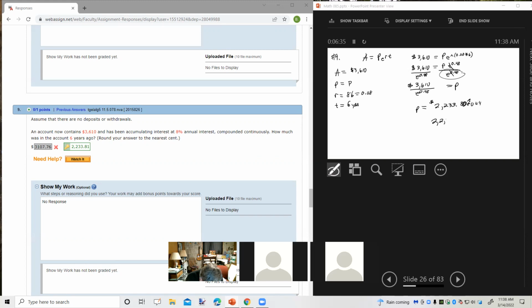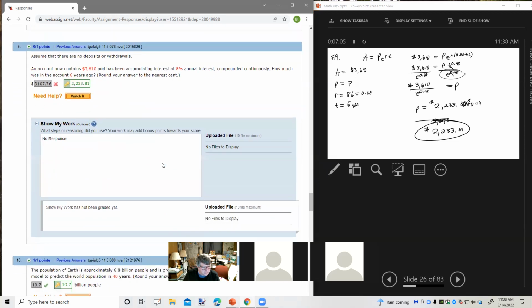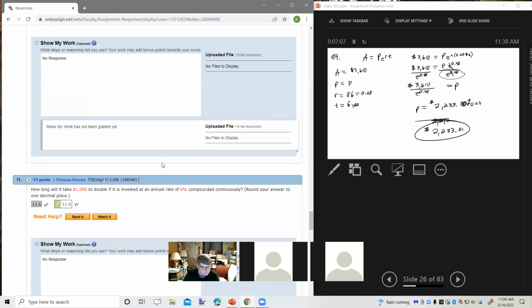So it's going to be $2,233.81. Any questions there? Again, the clue is compounded continuously, so we use this formula here, and it's in the account now. We're going back to the past. So we know the present amount. We don't know the initial amount.